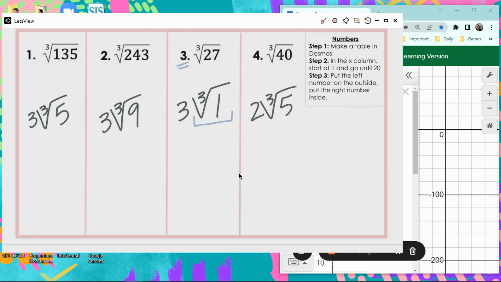So if we look right here, if you ever have a 1 on the inside, the cube root of 1 just equals 1. So this is really 3 times 1, which is just 3. So if you have a 1 on the inside, you do not have to write it, because this whole thing right here is the same thing as 1.